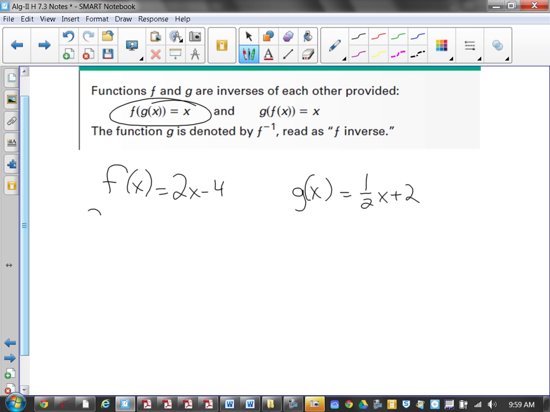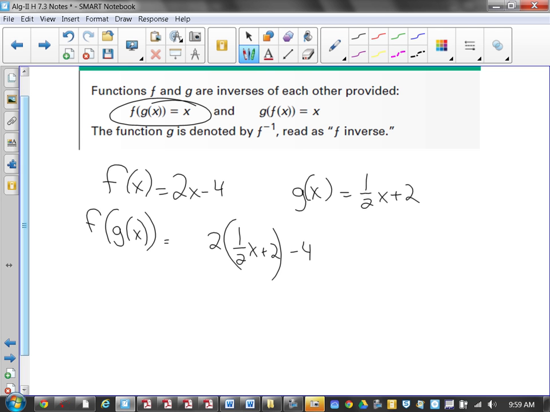I'm going to check f of g of x, which means I write down the g of x equation, and then I surround it with the f equation. The g of x equation is 1/2 x plus 2, and I surround that with the f equation. So I have to multiply this part by 2 and subtract 4.